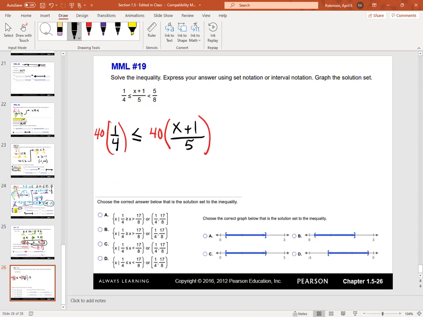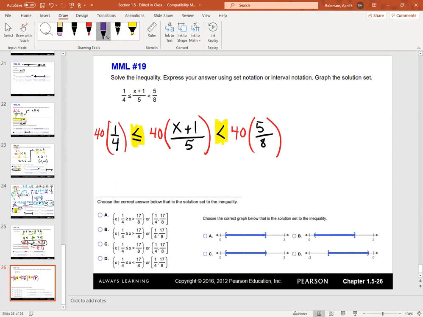Oops, that's just less than, sorry. And I'm also going to multiply the 5/8 by 40. Okay. And keep in mind, these are your inequalities. So it makes it an in-between.